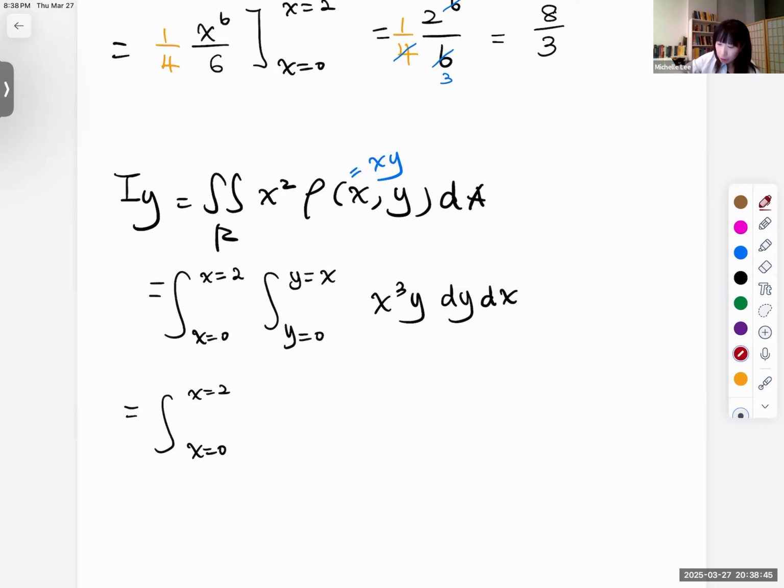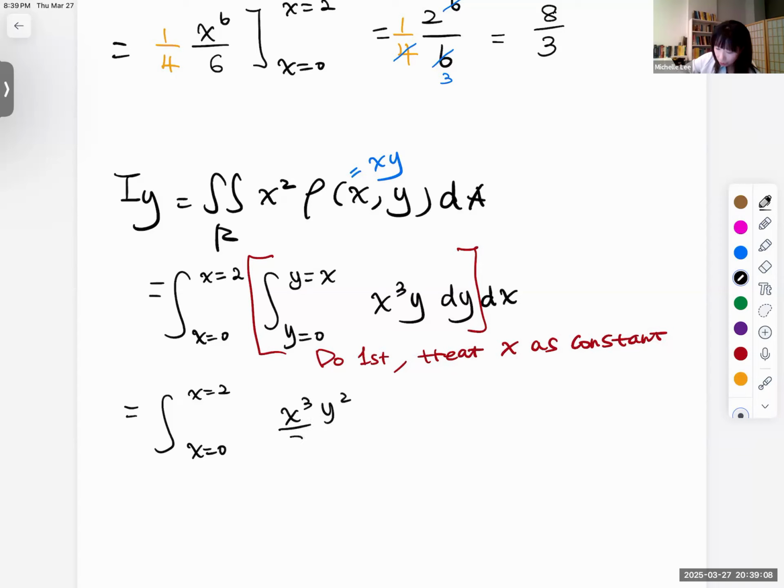We integrate with respect to y and treat x as constant. All right, so x is constant, so x to the third power, y squared over 2. We want to evaluate from 0 to x, dx.